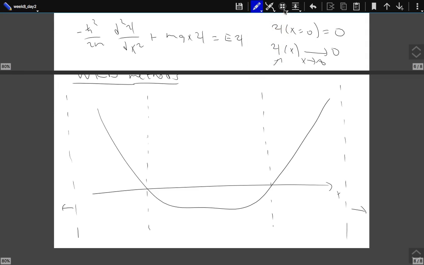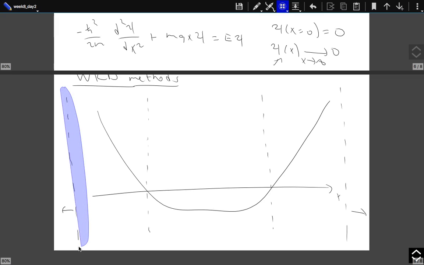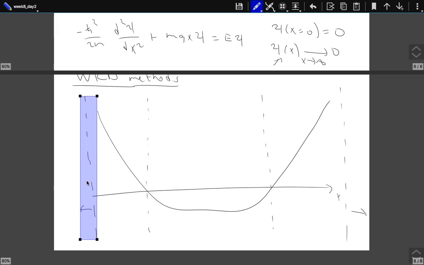And there is this range. Well, let me just move them a bit inside.